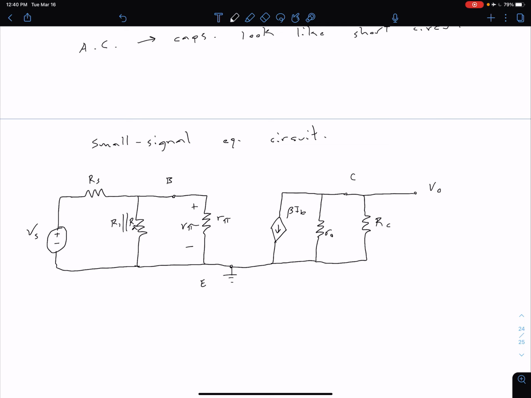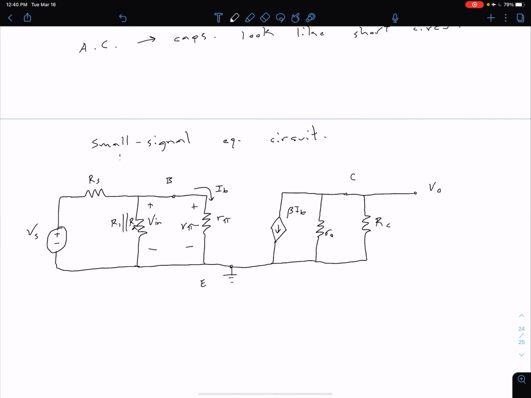Okay, so let's add a couple things here. This is our IB, so we'll use that in our definition. Let's also define an input voltage here, which, as I'm defining it, is equal to that voltage V pi. And oftentimes we're going to be interested in our input and output resistances as well.